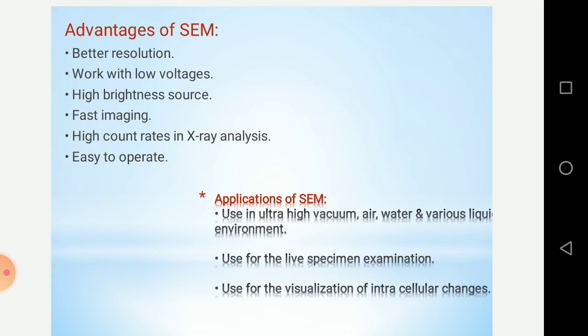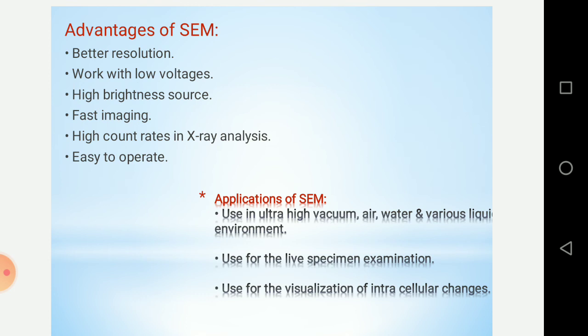It's not like the transmission electron microscope, where we can observe only a particular area, but in the scanning electron microscope we can observe the entire specimen, and it is easy to operate. Compared to other types of electron microscopy, the scanning electron microscope is comparatively easy to operate.